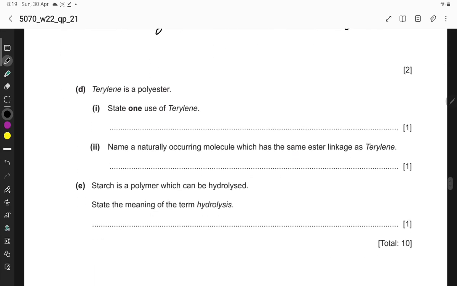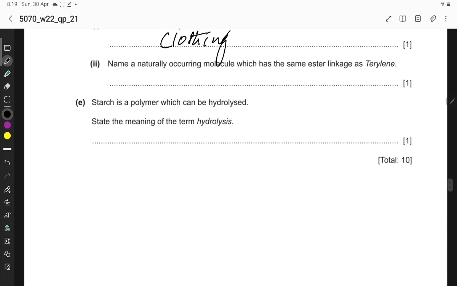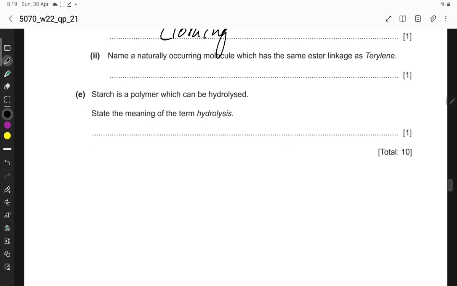Terylene is a polyester. State one use of Terylene: clothing. Name a naturally occurring molecule which has the same ester linkage as Terylene, that is fat.